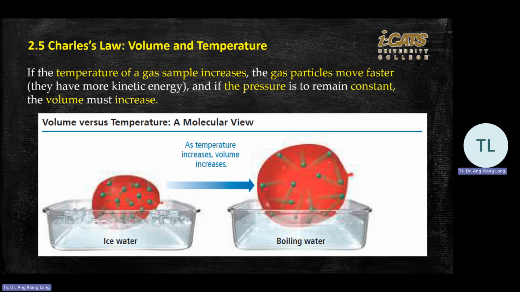So if you put a balloon in boiling water, you see the balloon will expand. If you put it in cold water, the balloon will shrink and become smaller in size. So this is explained by Charles' law. Don't confuse Boyle's law and Charles' law. Yeah?